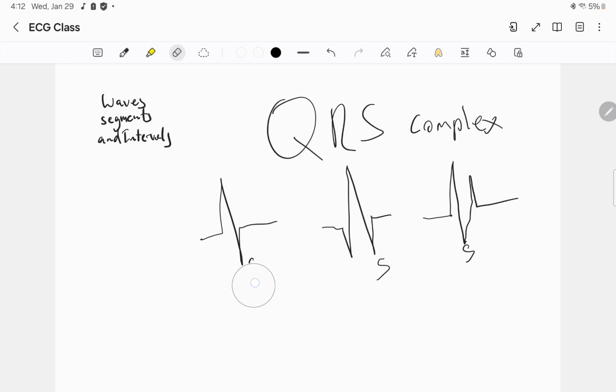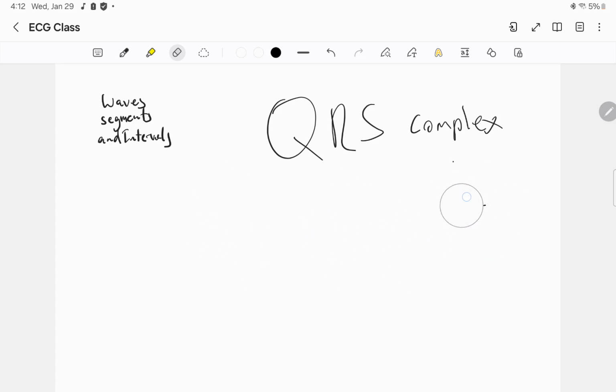Alright, so let's refine this a little bit more. The dominant wave or waves get a capital letter, and the inferior ones, if you're not dominant, you're inferior, get a lowercase letter, right? And they go in the order of the wave. So for example, let us say I got this.